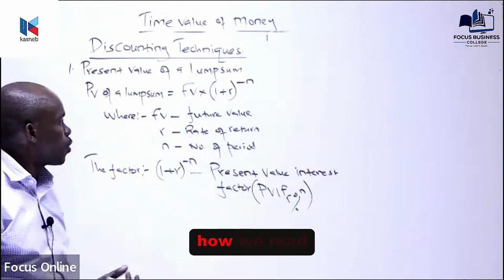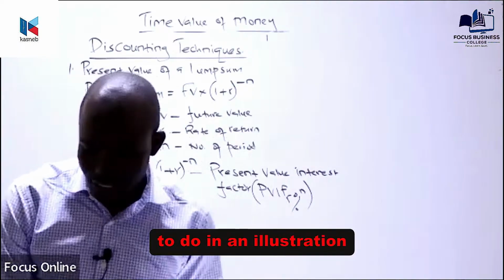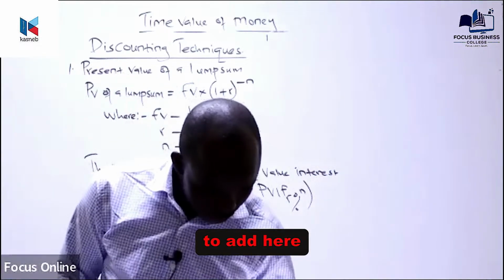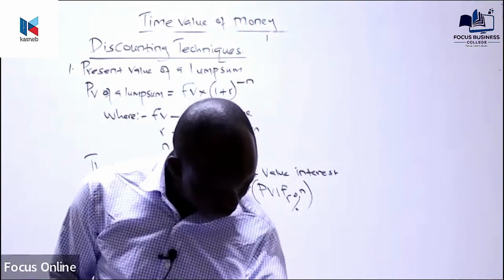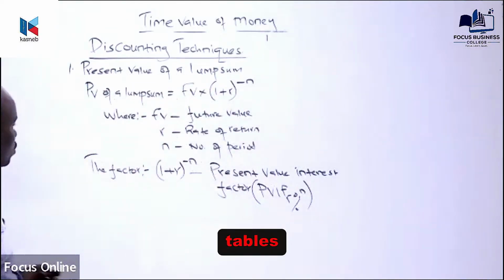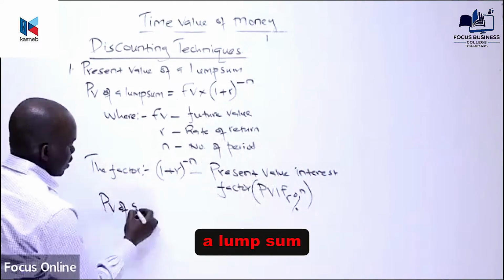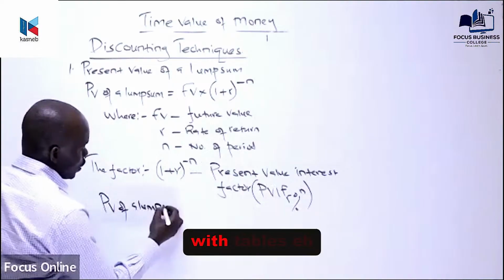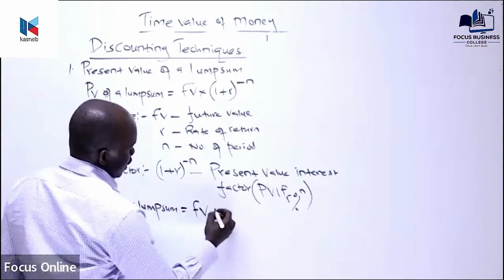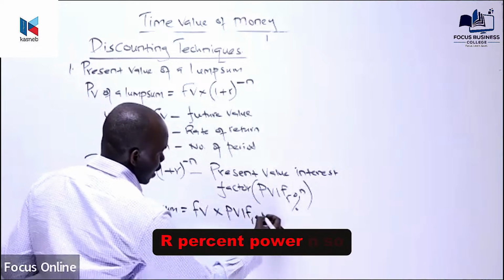I want to show you how we read, but that one we're going to do in an illustration. So when we are using tables, we say present value of a lump sum with tables is equal to future value times present value interest factor, R percent power n.